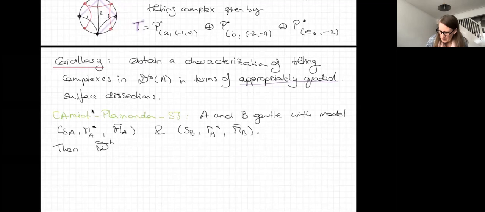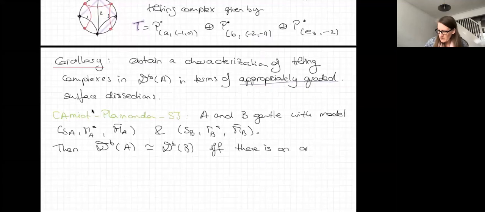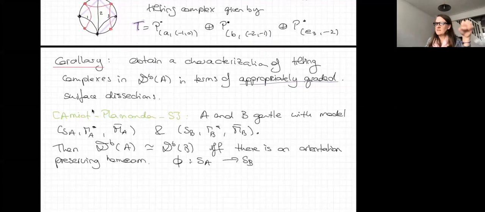Then A and B are derived equivalent if and only if there is an orientation preserving homeomorphism phi that sends SA to SB with the conditions that it sends the marked points to the marked points and the line field to a homotopic line field.